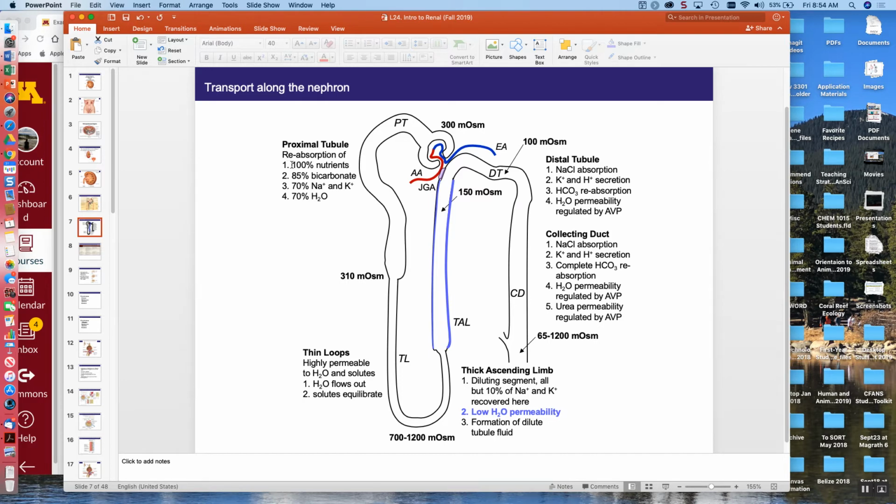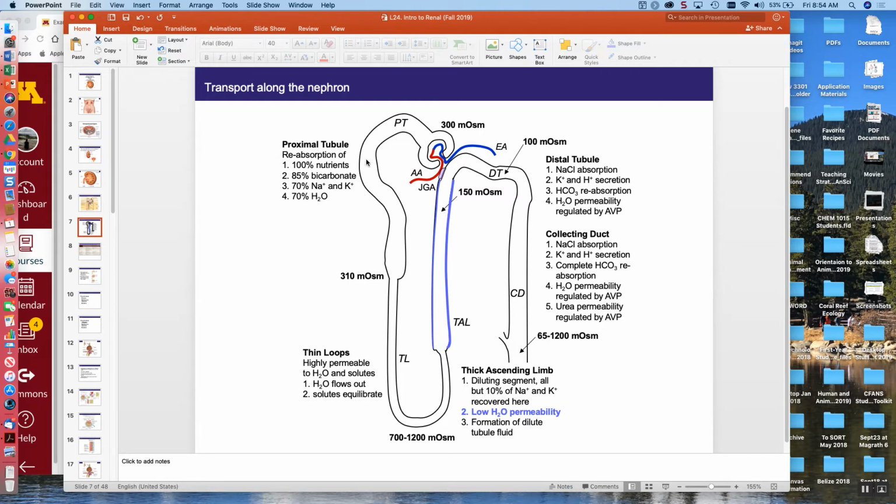So 100% of your nutrients, including glucose and amino acids, are being saved. They're being pulled out of the nephron and brought back into your circulatory system, back into your blood. 85% of bicarbonate, which is your main buffer in your blood, is being reabsorbed.